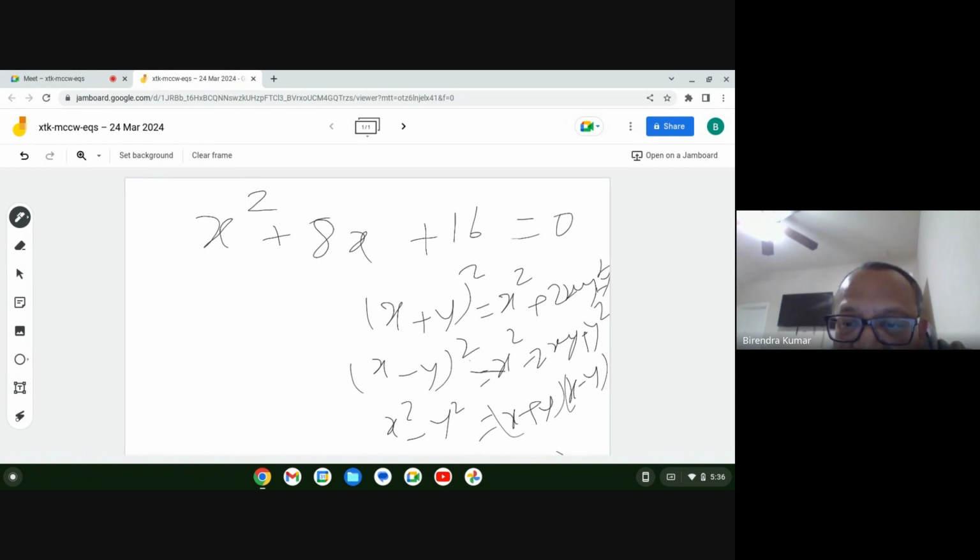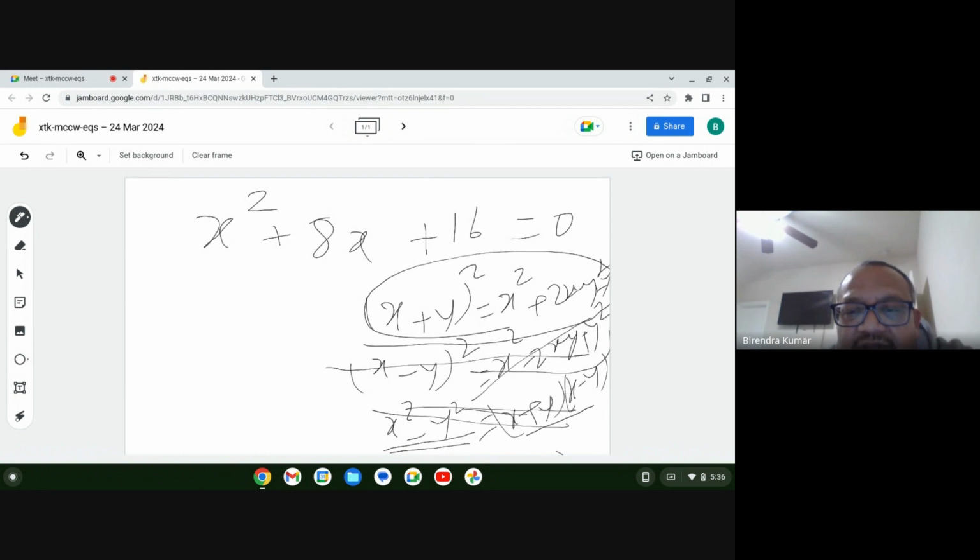So this one is ruled out. I don't have a negative here, so I will not even look at this identity. This one also, x square minus y square is (x plus y) into (x minus y), has a negative that I don't have, so I will rule out this one also. The only possible option is this one, (x plus y) whole square.